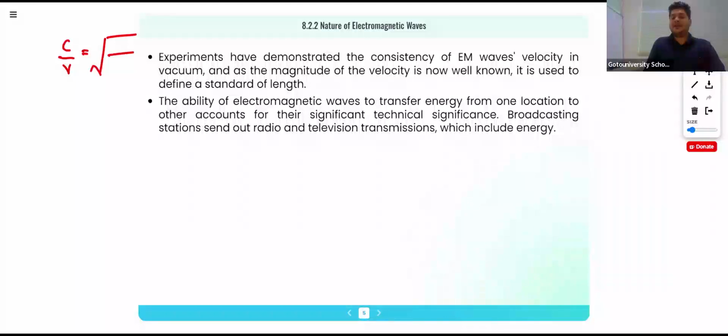So they are inversely proportional. In front of C you will write mu naught epsilon naught, and in front of V you will write mu epsilon.